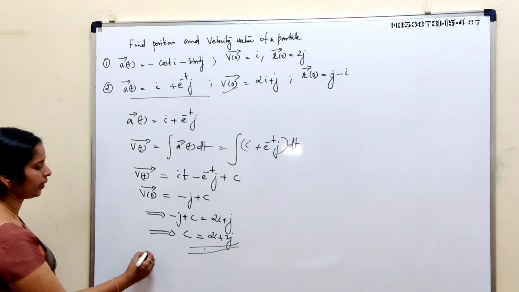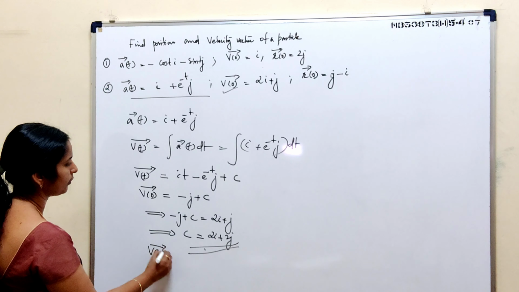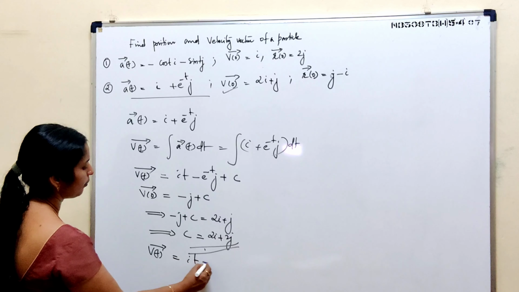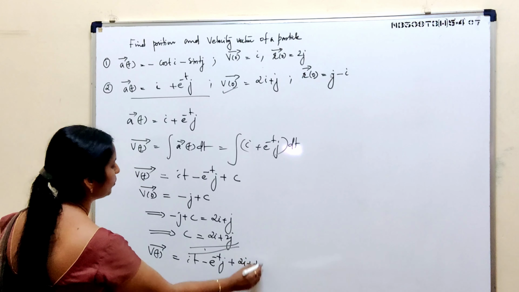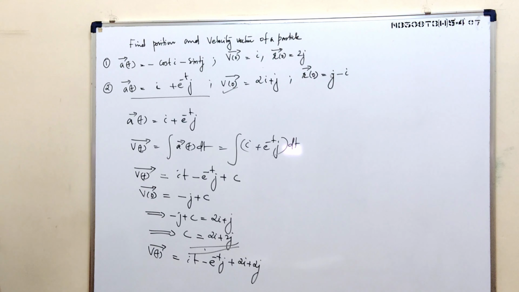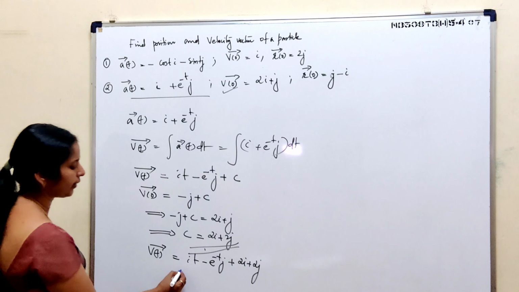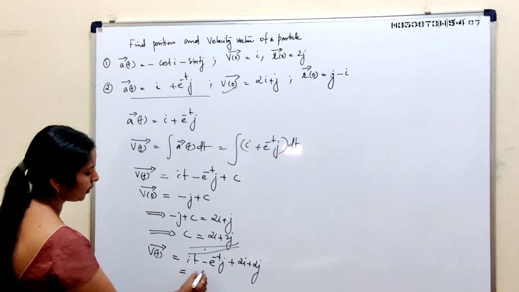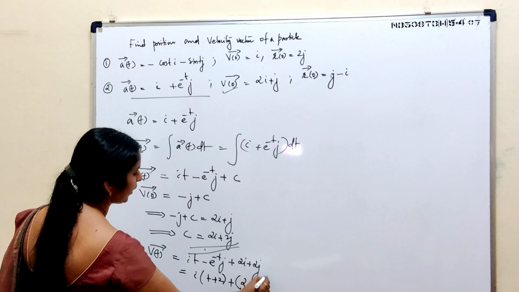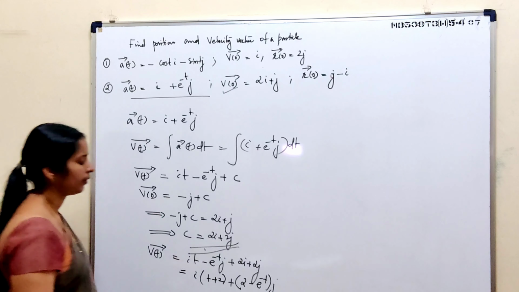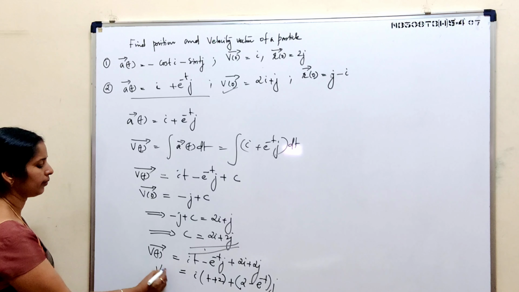So, what is velocity? Velocity v(t) is t i minus e raised to minus t j plus 2i plus 2j. This is our velocity. Or we can write it as i into t plus 2, plus 2 minus e raised to minus t j. That is our velocity.